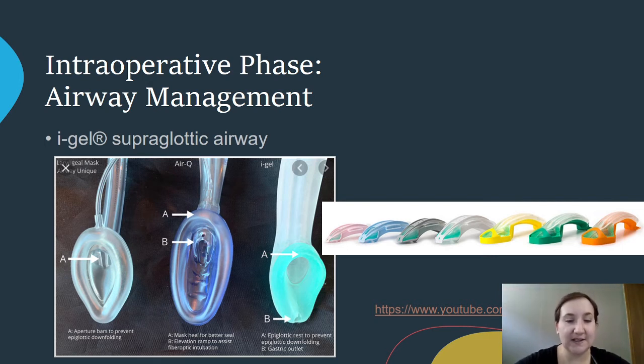The eye gels are used for trauma patients who are coming in from the field on the rig from the ambulance, and they can have these eye gels in place. Like I said, the eye gels are much more common. There's a YouTube video there if you're interested in learning a little bit more about how those are placed. The eye gels come in all different sizes, and that's what's pictured there on the right. So these are now more common than what you used to see with the LMAs.